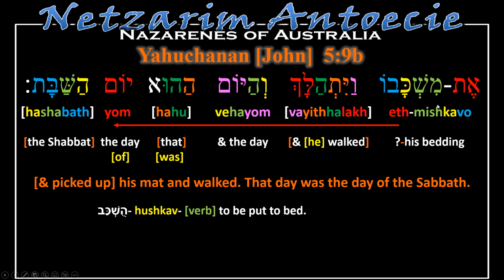Et, grammar marker, mishkavo, his bedding. Again, the o at the end is his bedding, because we know that mishkav is bed. So his bedding, or his bed.